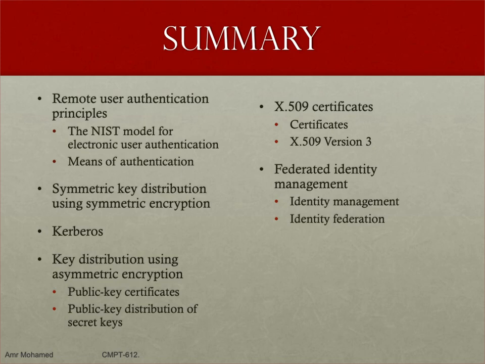So, this is the summary for this chapter. In this chapter, as a summary, we discussed the concept of user authentication. And we said that user authentication is the first front line. If user authentication is compromised, then everything we do has no value.